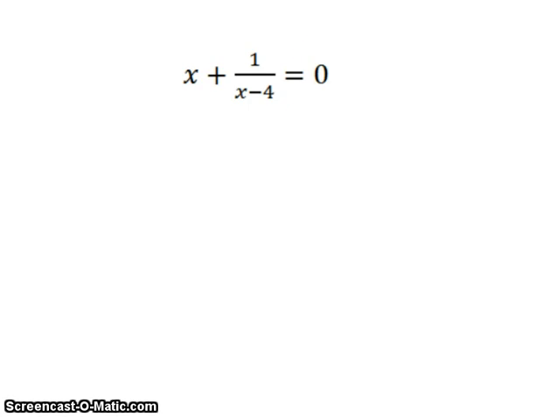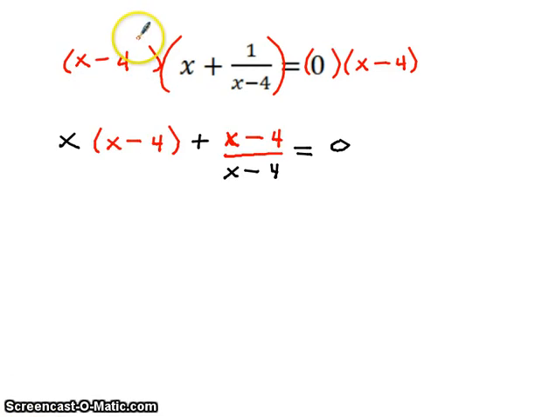And so what I'm going to do is multiply both sides by the x minus 4, because that's going to make my life a little bit easier. So let's multiply both sides by that x minus 4. When we distribute, we end up with x times x minus 4, which gives us x squared minus 4x.